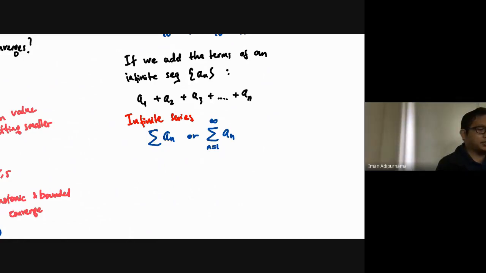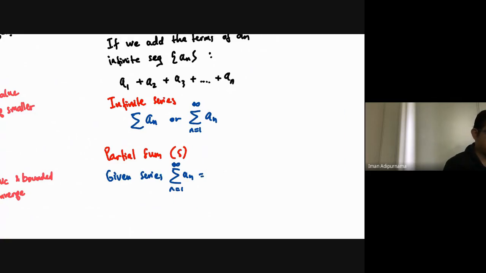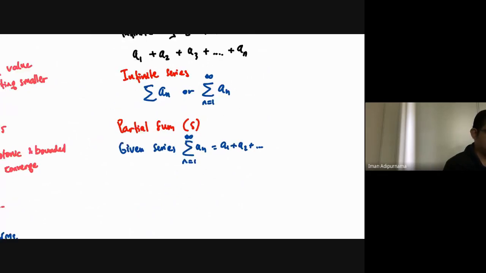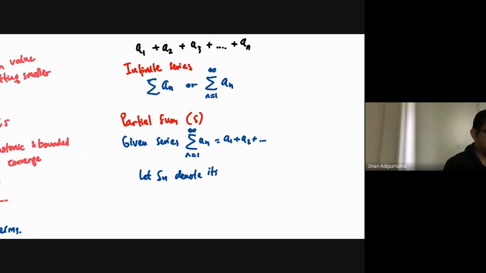And there is also what we call a partial sum, or we call it in terms of S. Okay. So let me write. So given series An, like we did previously, and let the Sn denote its partial sum.